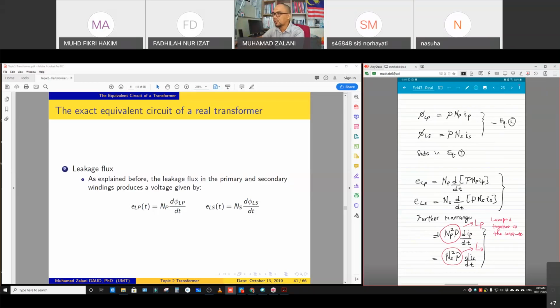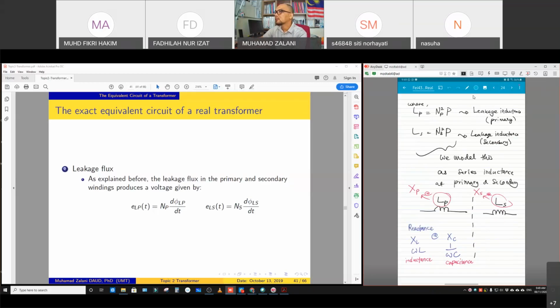Finally, we get this pattern of the equation, where we can assume that this constant, NP squared P, we can represent in terms of leakage inductance at the primary side. Similarly for this one, this is the leakage inductance at the secondary side. So LP is the leakage inductance of the primary and LS is the leakage inductance at the secondary.